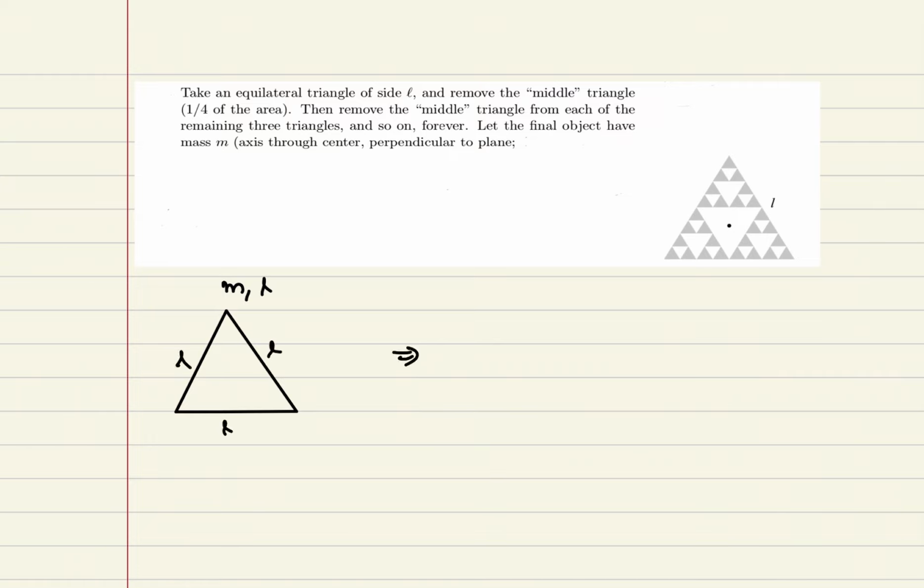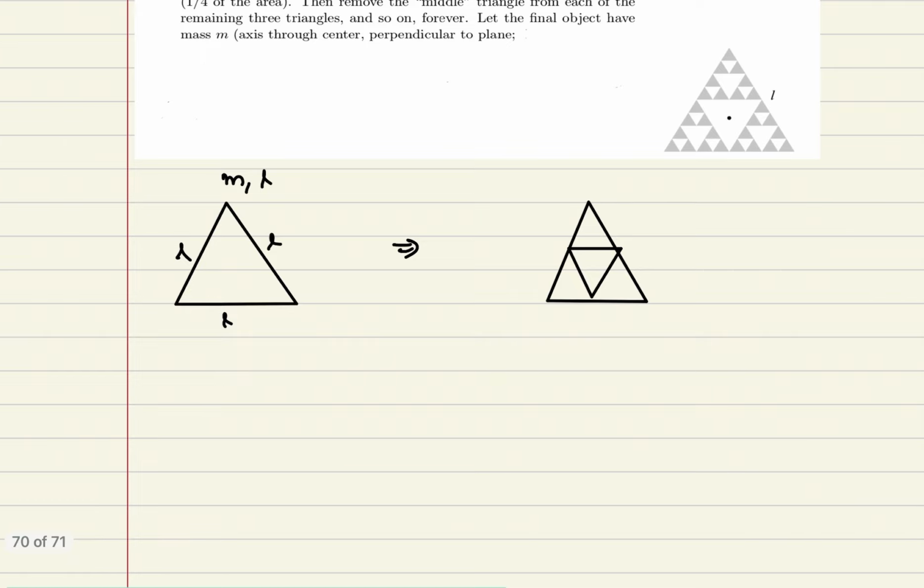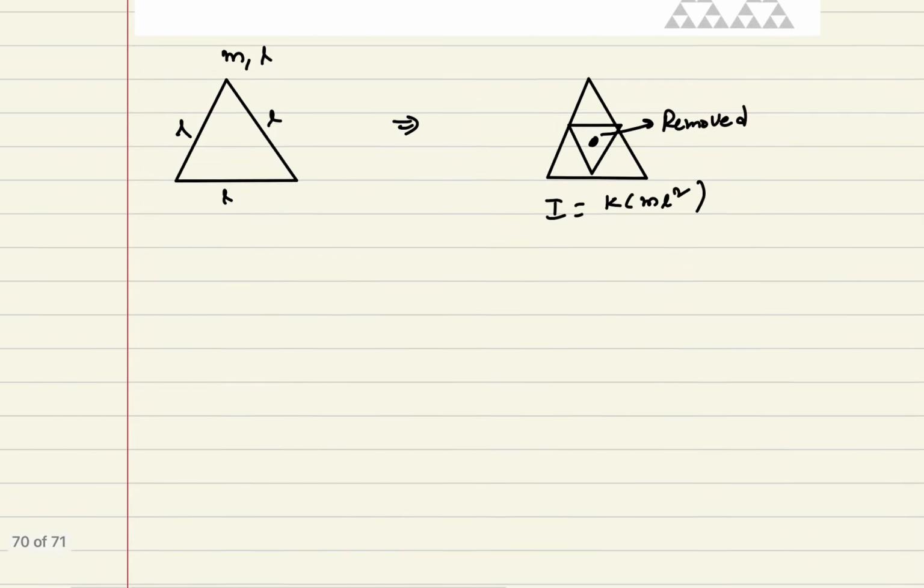Now from this triangle, if I remove the small triangle like this, I have removed a small triangle. Now the side is the same, but the mass will obviously change. I am taking this kind of object about the point O, this is the removed part. I am taking I is equal to k into ml square.